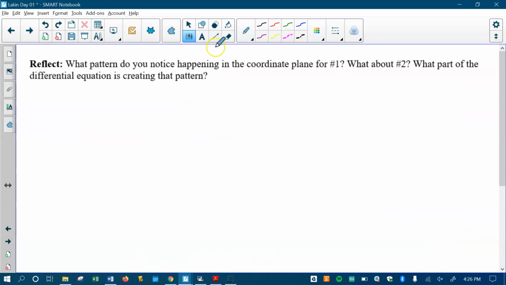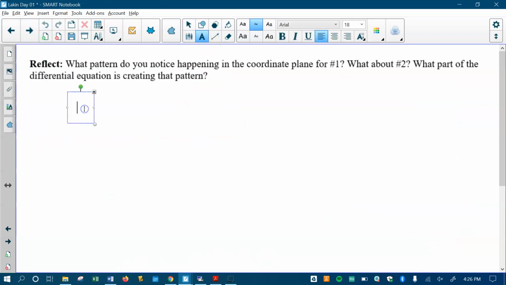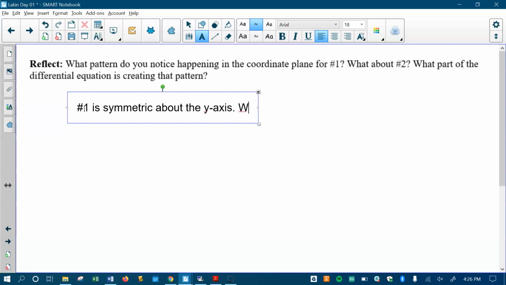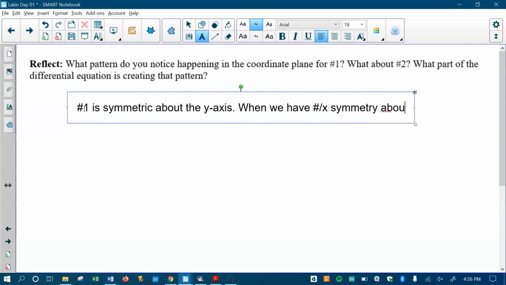So number 1 is symmetric about the y-axis, which means that when we have a number over x, we'll have symmetry about the y-axis.